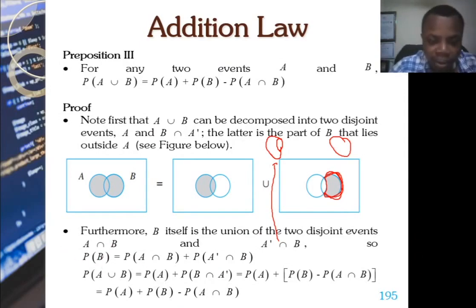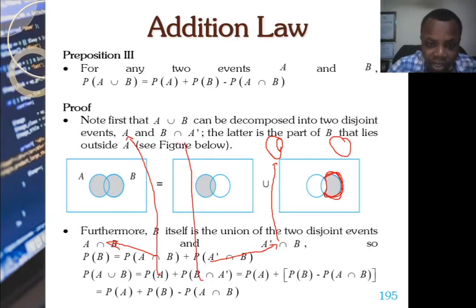So now let's look at this. The probability of B is equal to the probability of A intersection B plus the probability of A prime intersection B. Rearranging this, from the beginning we remember that we said the probability of A union B is equal to the probability of A plus the probability of B intersection A prime, the disjoint sets.